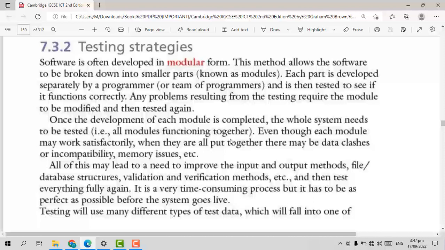You make sure that the entire software with all of its modules is functioning together. Even though each module may work satisfactorily, when they are all put together, there may be data clashes, incompatibility issues, or memory issues. Then you have to rectify those.